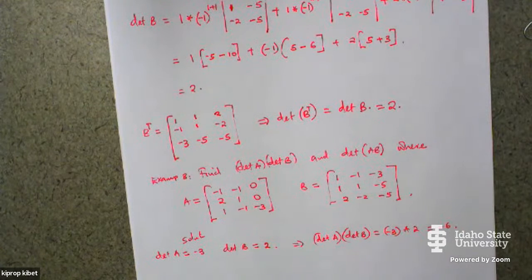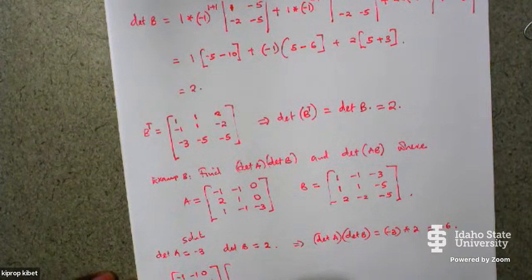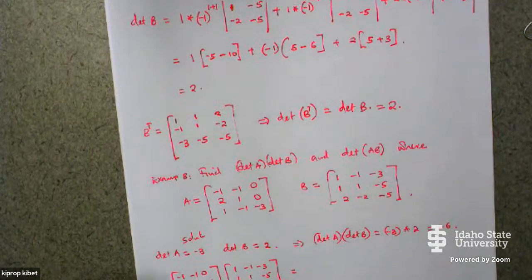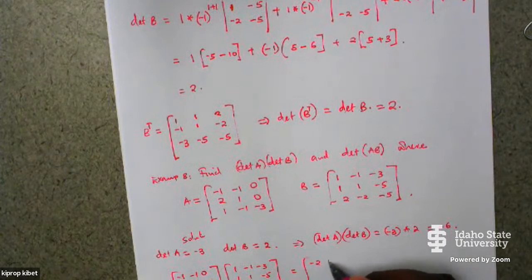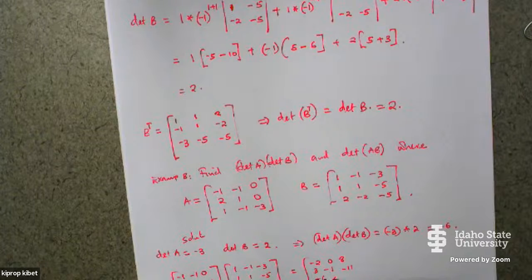Now, when you multiply the two matrices, A, which is [-1, -1, 0; 2, 1, 0; 1, -1, -3], and B, which is [1, -1, -3; 1, 1, -5; 2, -2, -5], what you get is [-2, 0, 8; 3, -1, -11; -6, 4, 17].